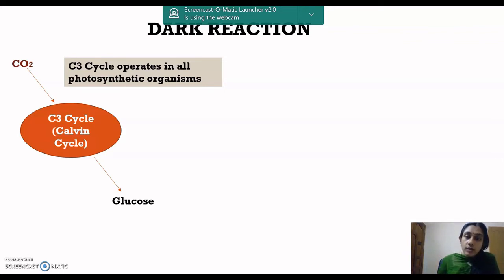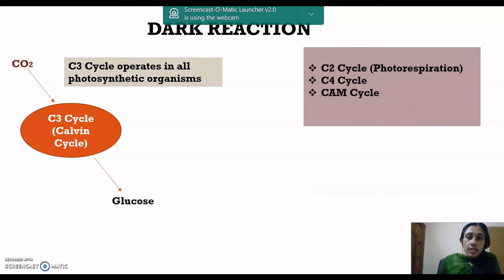So what's the case of other cycles? C2 cycle or photorespiration, C4 cycle and CAM cycle. So the main difference between C3 cycle and all other cycles is C3 cycle is the fundamental cycle and it is of universal occurrence. It is present in all photosynthetic organisms.